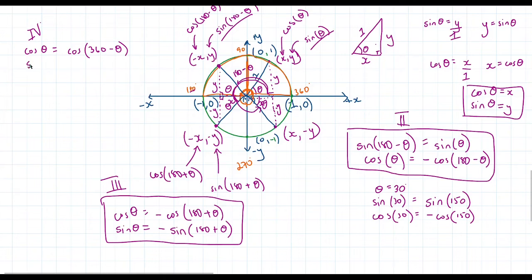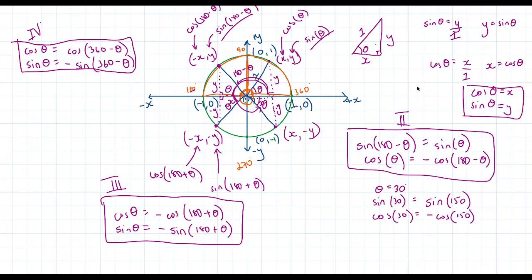Another thing to note is our sine theta. Sine theta gives us positive y, but sine 360 minus theta gives us negative y. So it's going to be negative sine 360 minus theta. So that's the relationship of the first quadrant to the fourth quadrant.